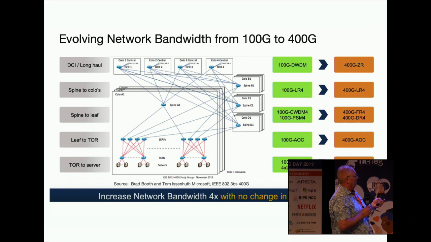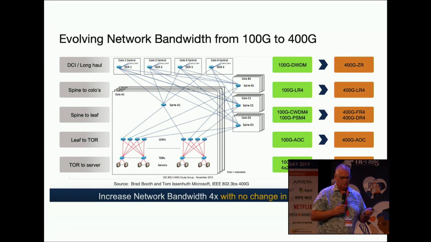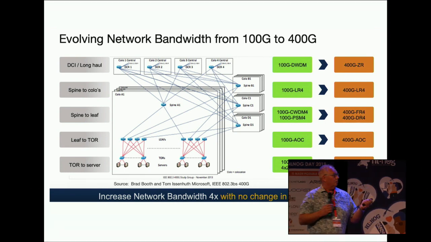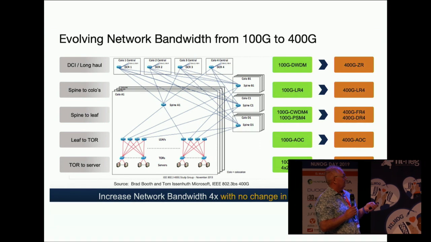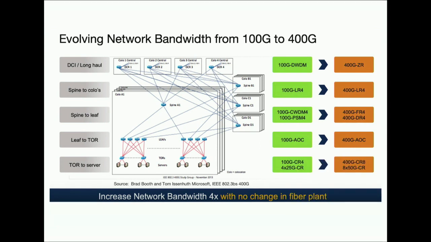And coming back to the optics, on the left side, on the green blocks here, you can see the 100 gigE optics they're using to upgrade a data center from 100 gig to 400 gig. And on the right side, these blocks are the 400 gigE optics.